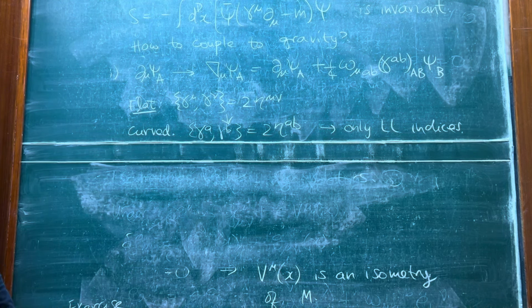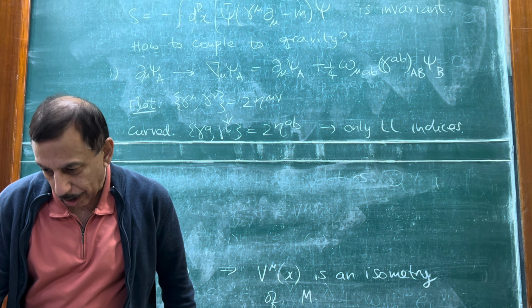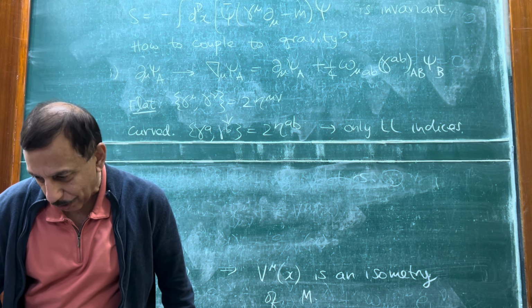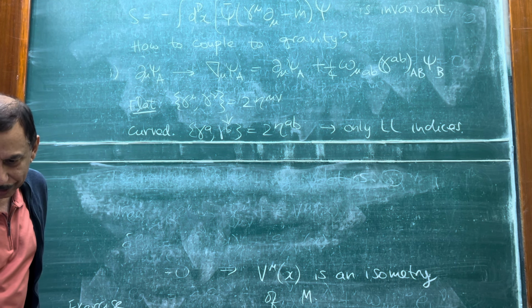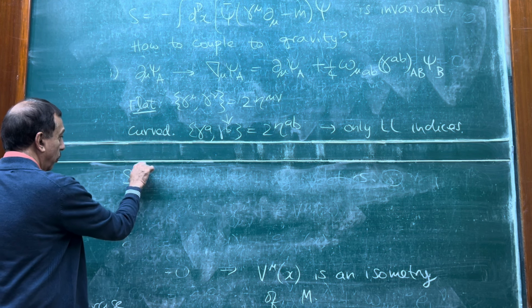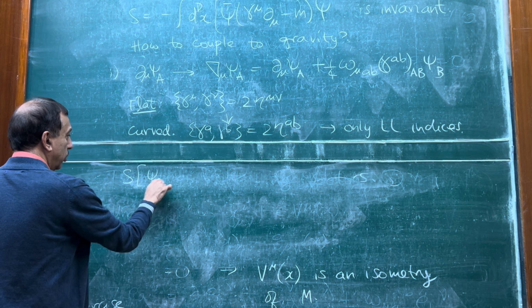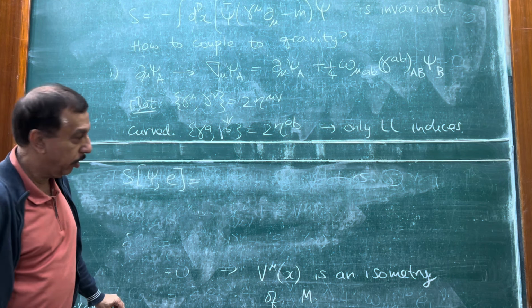Okay, good. So we got a covariant derivative, and now it's not very difficult to write the action. So now we want S of the Dirac fermion and the frame. The frame has to enter. Okay.